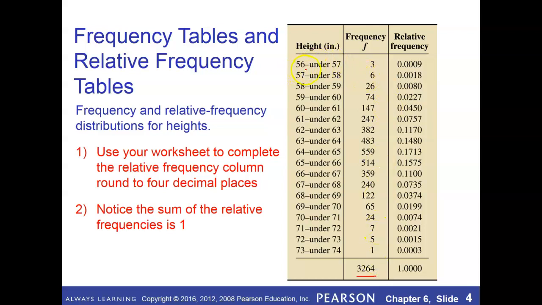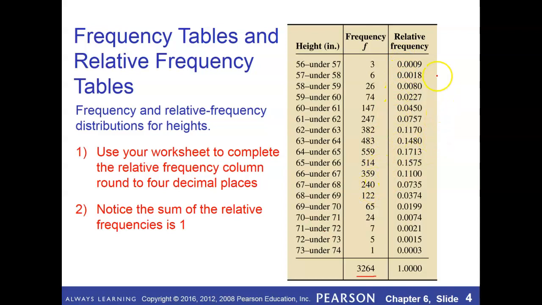Their heights go between 56 and 57 inches, 57 to 58 inches. Just so that you have a frame of reference, somebody who is 6 feet tall is 72 inches. Okay, so this looks like it's shorter than normal people, but we have 3,264 people, and this is how they break down.